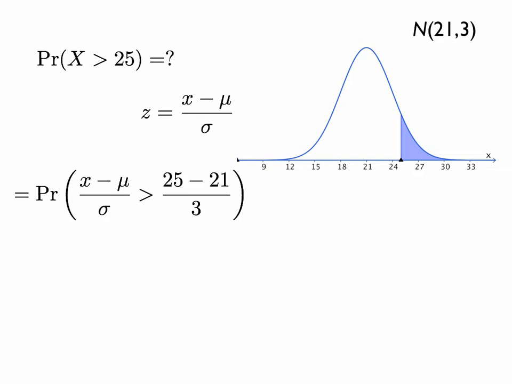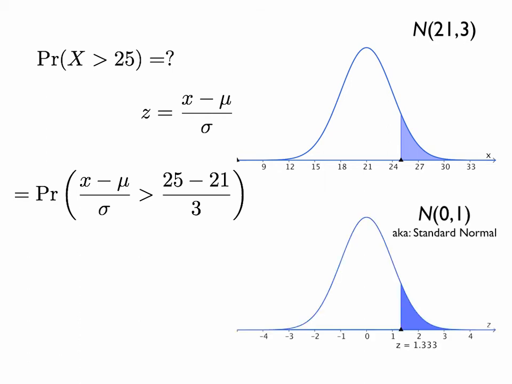Instead of the probability of x greater than 25, it's now the probability that the z-score is greater than 1.33. So now we have a z-score of 1.33 that's related to the original ACT score of 25. And we're strictly asking for that shaded area above 1.33.